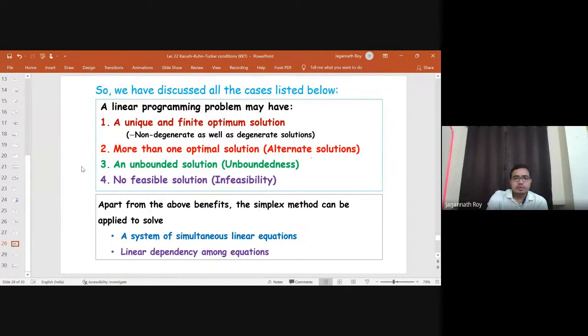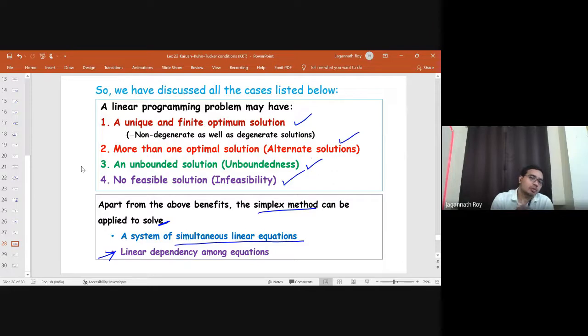It can give you an optimal solution, unique and finite optimal. It can also give you alternative optimal. Some problems will be unbounded, some problems will be infeasible. Apart from that, the simplex method can also be applied to solve a system of simultaneous linear equations, and it can also check whether a given system of linear equations is dependent or not. That can also be found by the use of simplex.